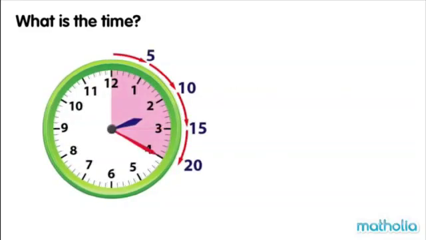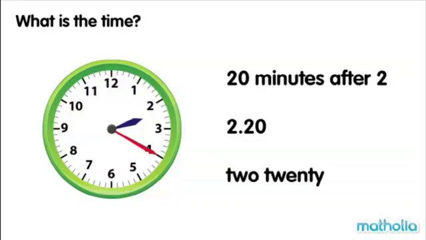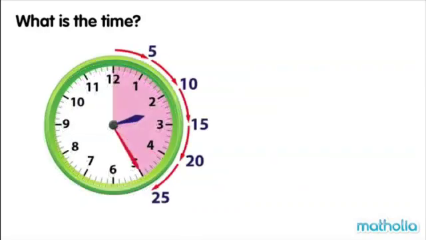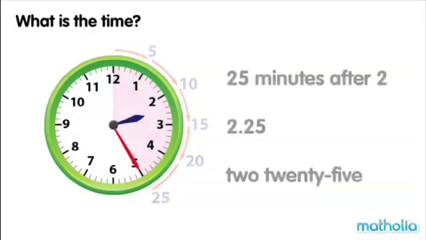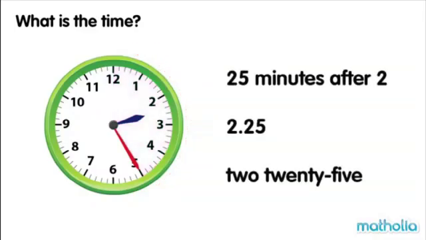20 minutes have passed. What's the time? 20 minutes after 2. It's 2:20. 25 minutes have passed. What's the time? 25 minutes after 2.